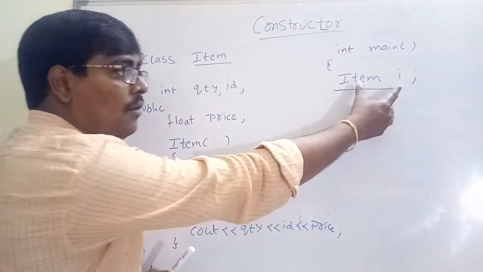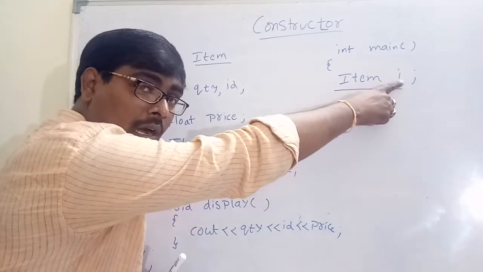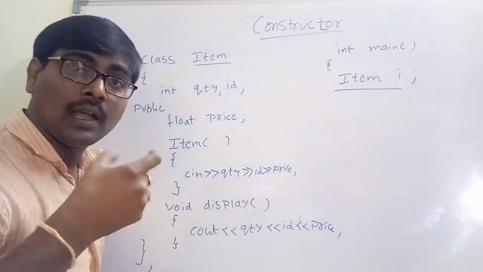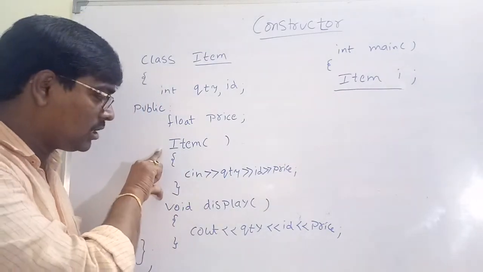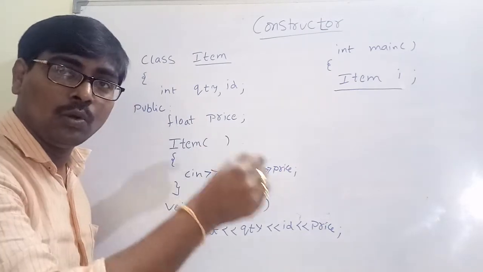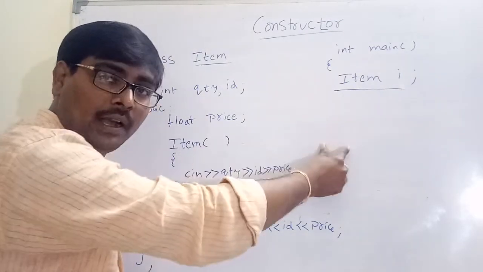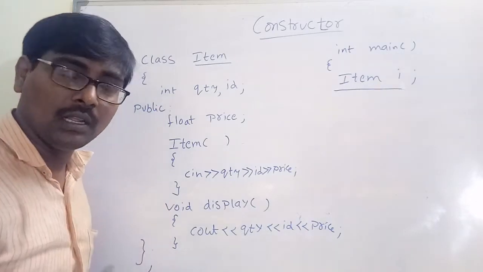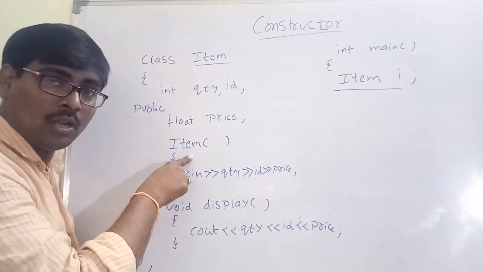That is, after completion of this statement, the compiler automatically executes this one. If it were a method, you would have to write i.read, i.display, calling explicitly, but this is a constructor, so no need to call.